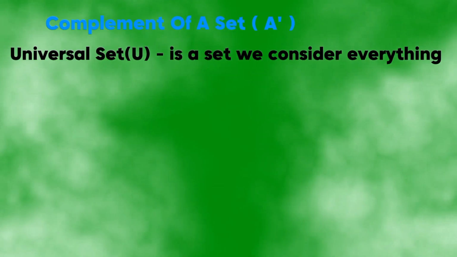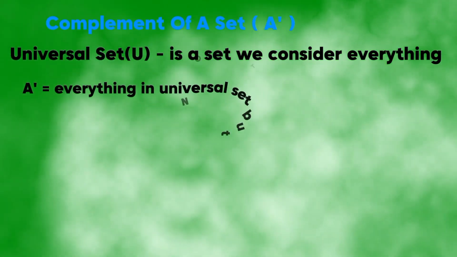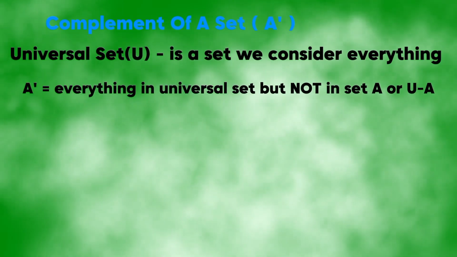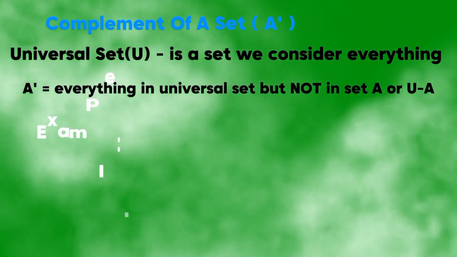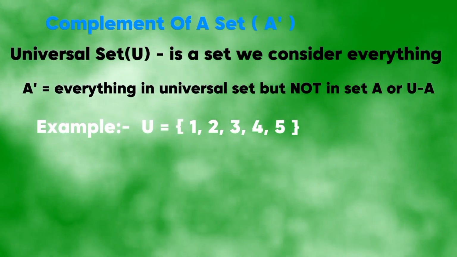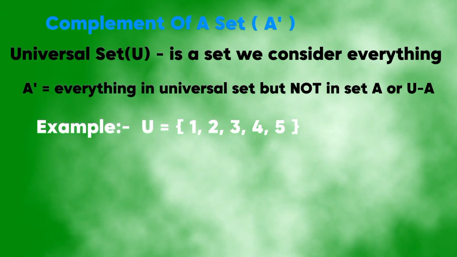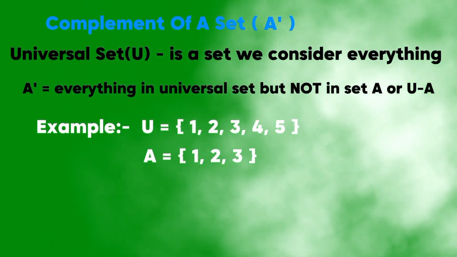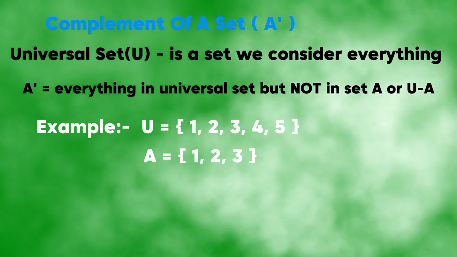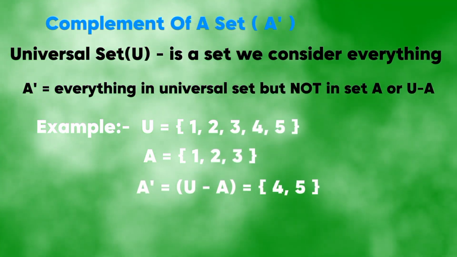The absolute complement, or simply the complement of set A, means everything in U that is not in A, written A complement. Example: U equals {1, 2, 3, 4, 5}. A equals {1, 2, 3}. The complement of set A means the universal set minus set A, which equals {4, 5}.